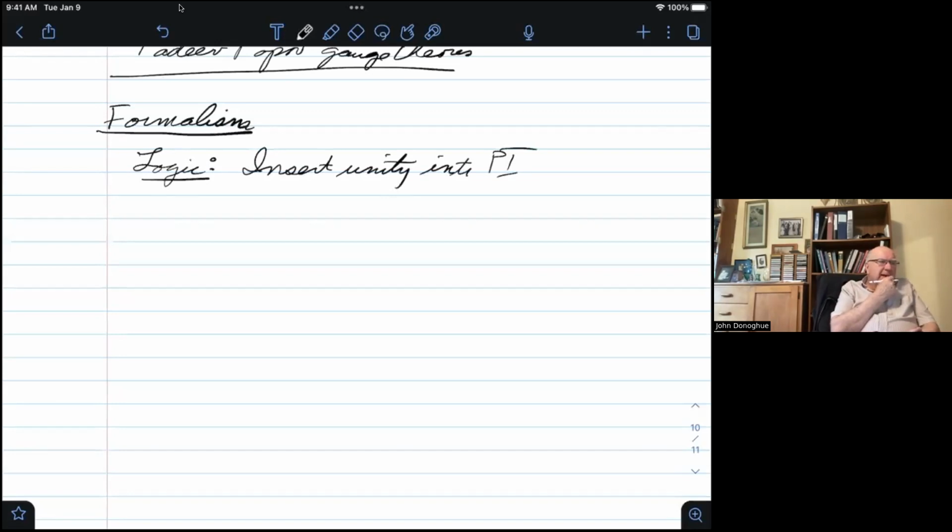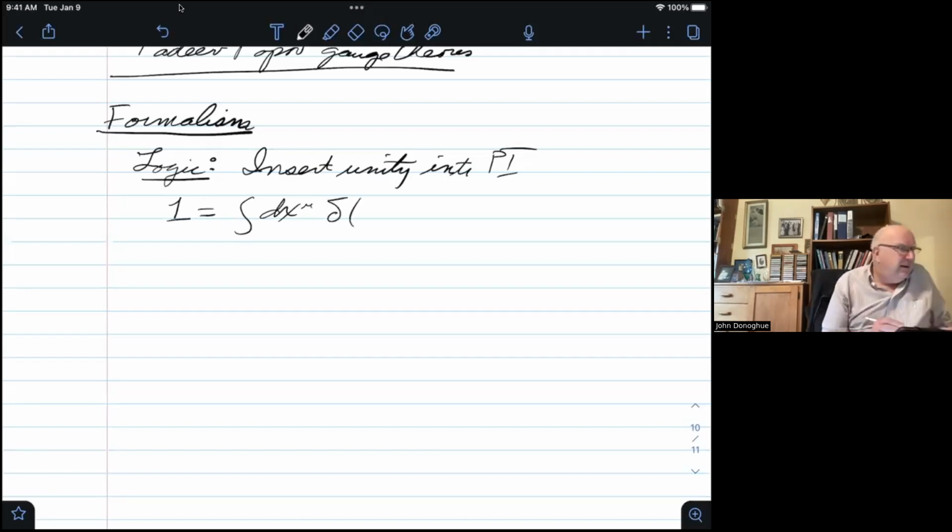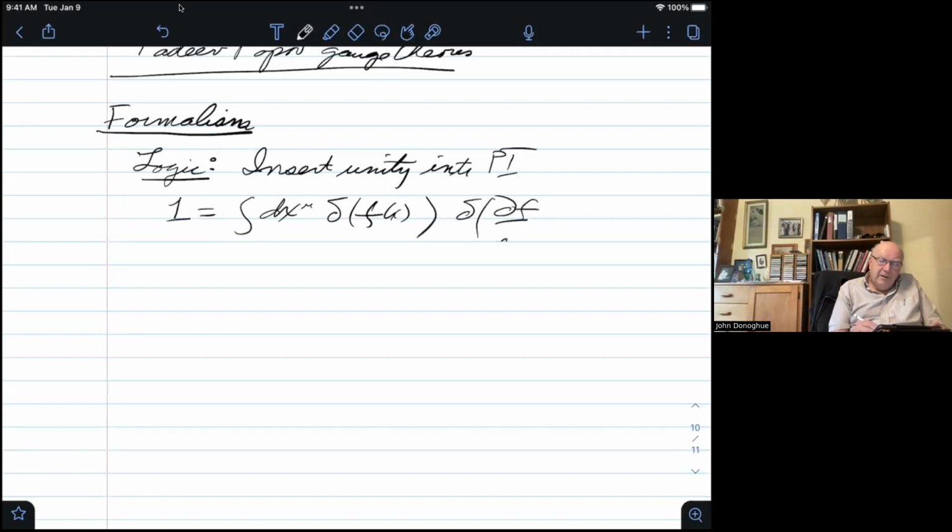We're going to do that by something which is the generalization of unity: the integral over some variables, delta of, I'm calling it f of x, some function, times the determinant of the function, equals 1.